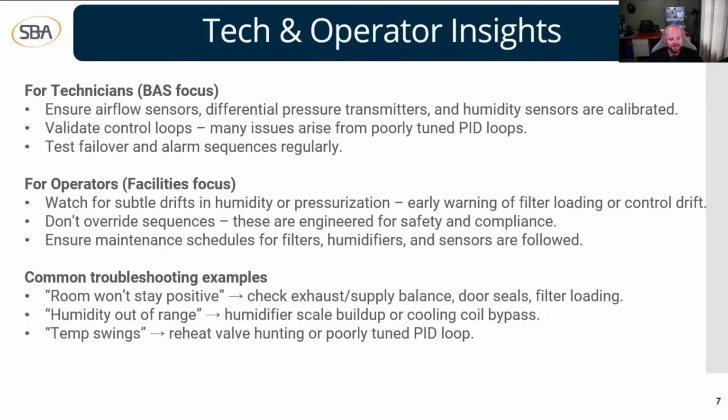But we fixed the valve. It's just not working. That could be a big problem in an operating room or a clean room. Obviously, tight temperature and humidity tolerances. So if you override something and it's not operating how it's supposed to per the sequence, that can cause major issues, so just be aware of that and do not override sequences or devices.